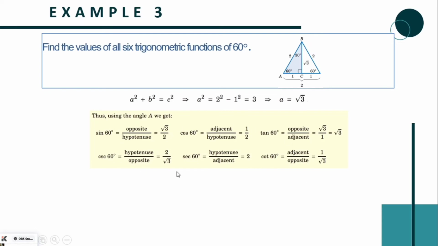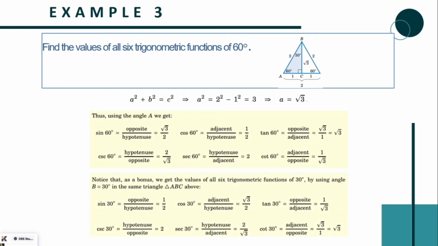And if we're going to remove the radical signs in the denominator of our answers, again, apply what I have said earlier. And notice that we can also get all the 6 trigonometric functions of 30 degrees by using angle B equals 30 degrees in the same triangle ABC above here.